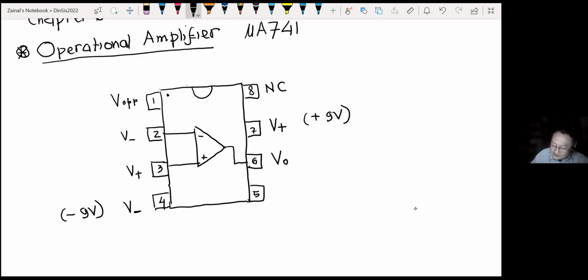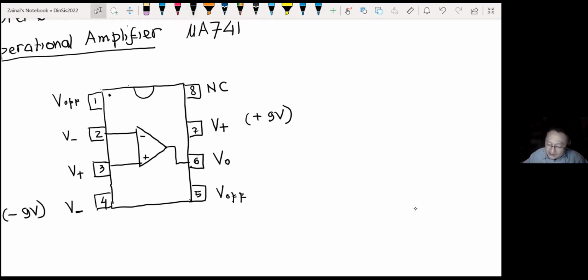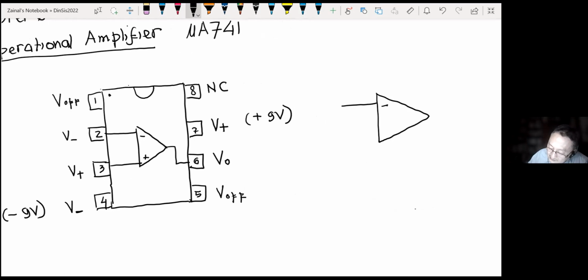Now, if I don't draw the others and just draw this one: this one is minus, this one is plus, this one is VO.